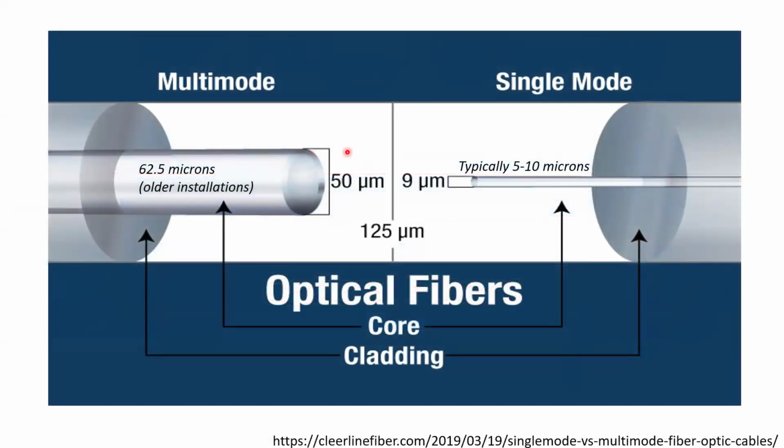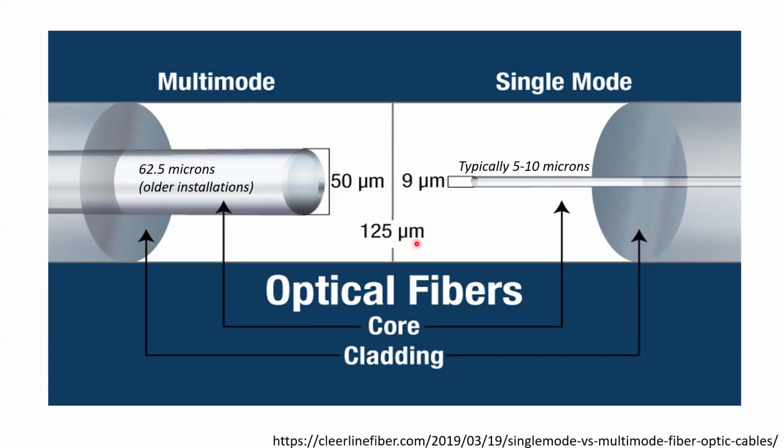The diameters of the cladding in both cases are the same for the most part, and they're 125 microns, which means micrometers, which means 1/1,000,000th of a meter.